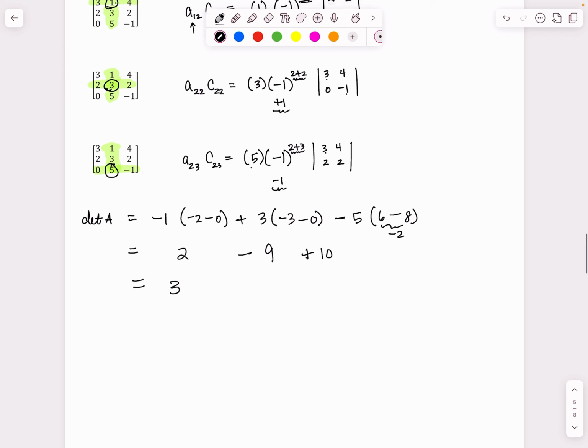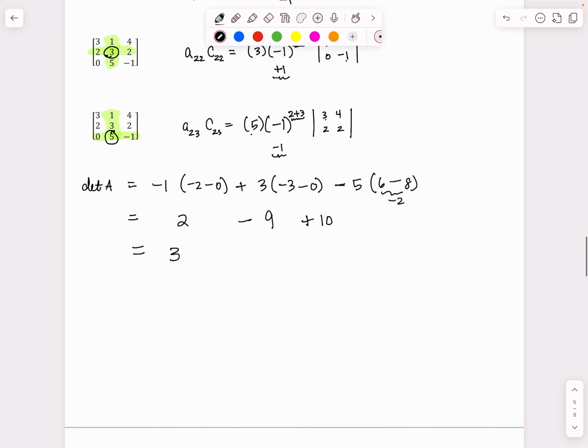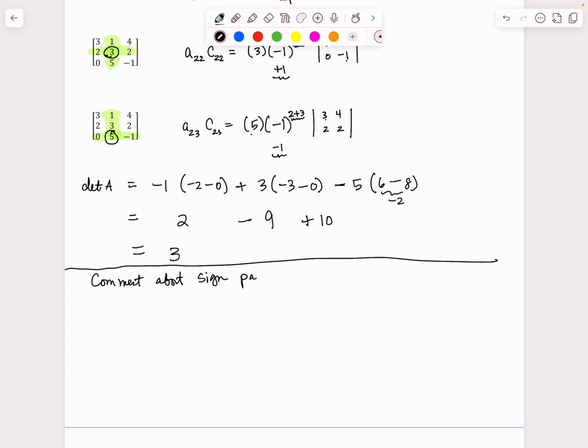So I'm going to comment about the sign pattern right now. And this will come into play when you're using any particular row or column. It's either going to start with plus 1 and then go plus, minus, plus, minus, or it's going to go minus first and then minus, plus, minus. It's always going to alternate.